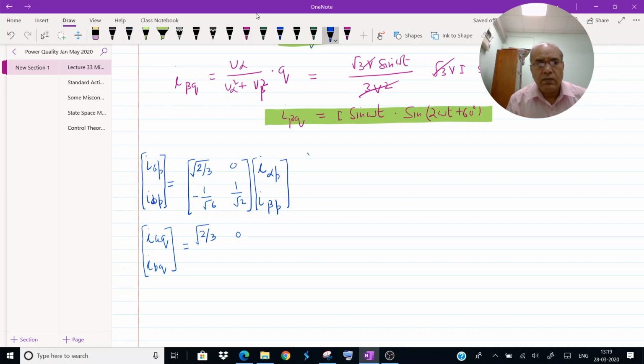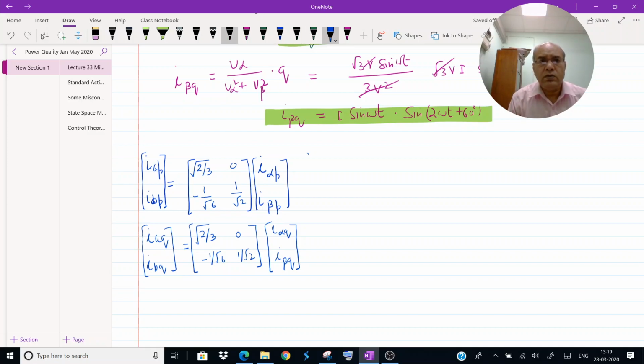So we have minus 1 by root 6, 1 by root 2, this matrix into I alpha q, I beta q. Okay, it won't take much time to do that, just substitute.